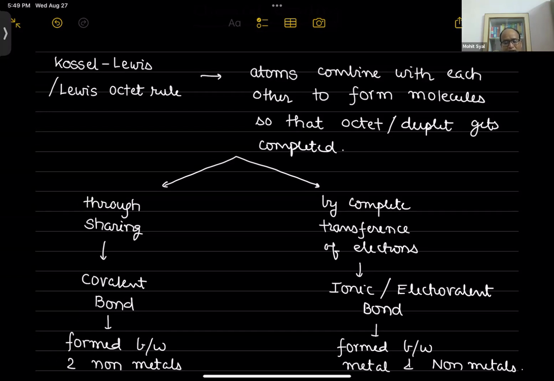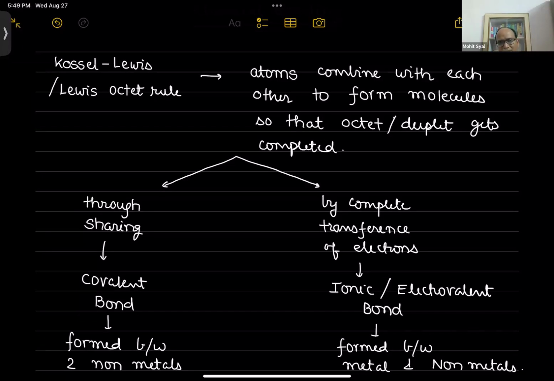To have their octet completed, is this always applicable? Or is attainment of stability always applicable? Attainment of stability is always true.